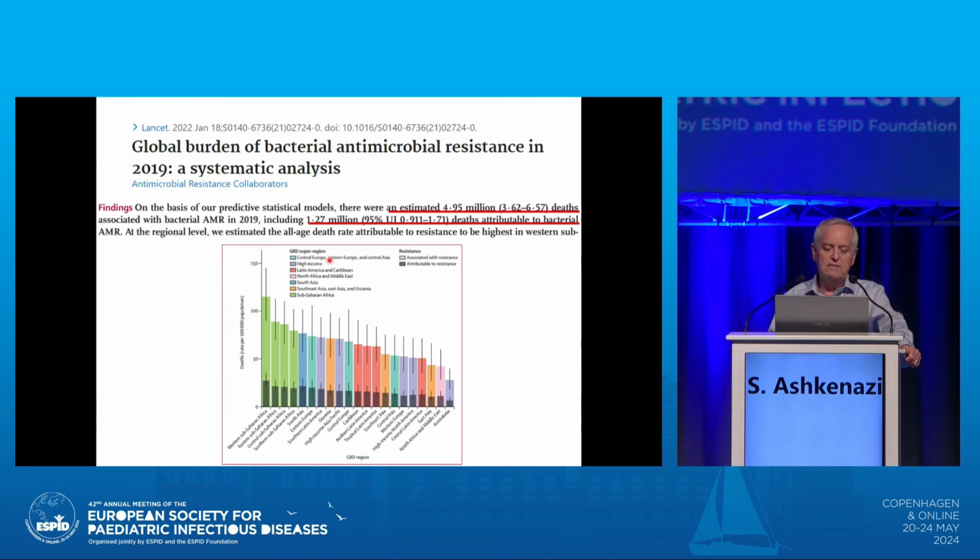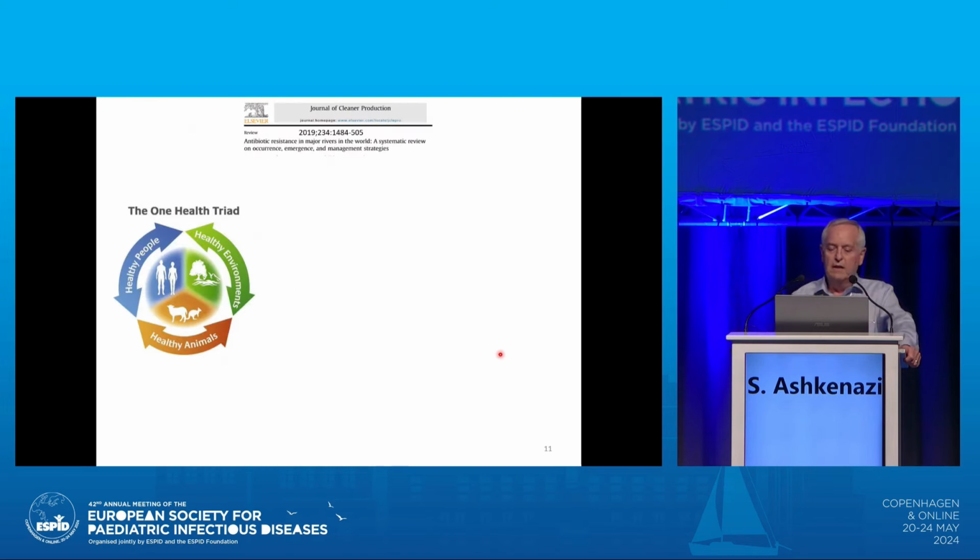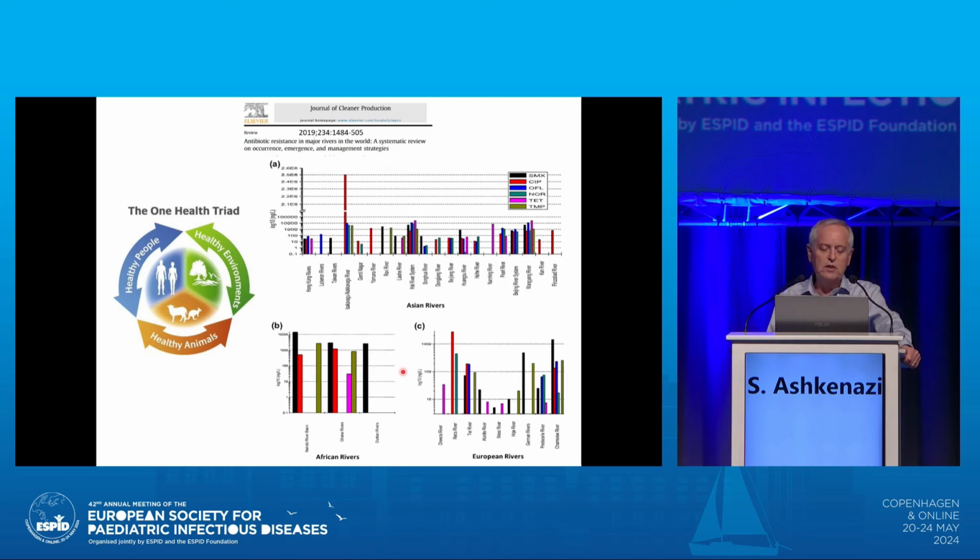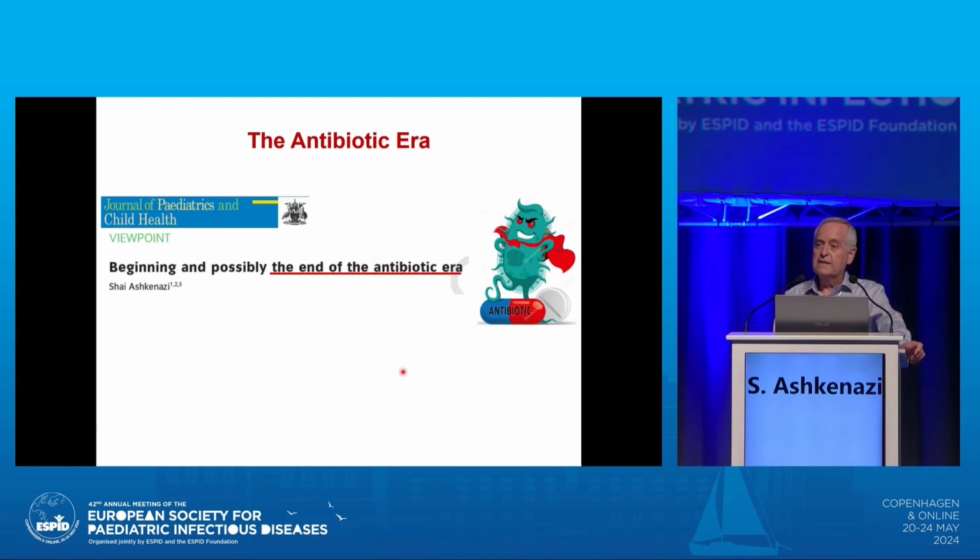And this is in developed countries as well, as you see in Europe and North America. With the important concept of One Health, it has been shown that the major rivers of our planet are contaminated with resistant bacteria. This has led to the question: are we reaching the end of the antibiotic era?